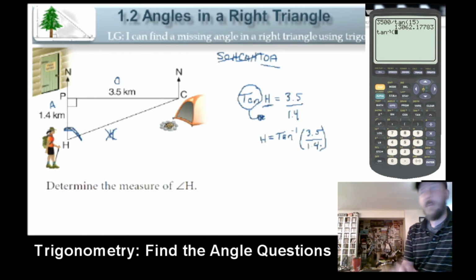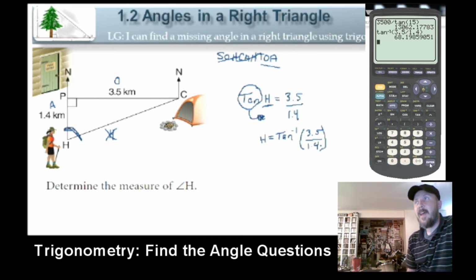Anyway, so it's 3.5 divided by 1.4. All we got to do is put that in. Remember, a fraction is just meaning divide. 3.5 divided by 1.4. I'm going to close this bracket up. I'm going to do tan inverse of it.